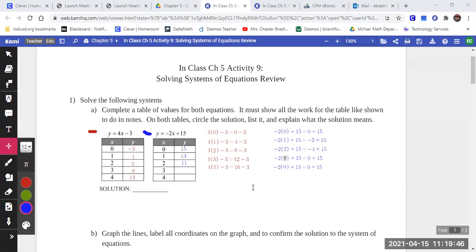What X should I change the 0 to now? What X from the table are we on?